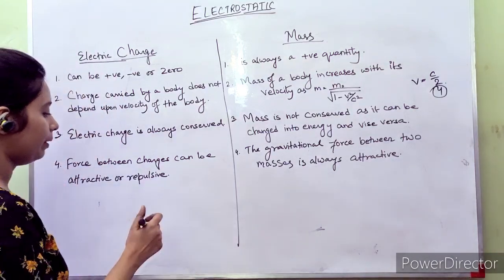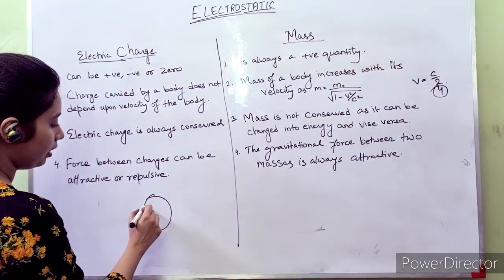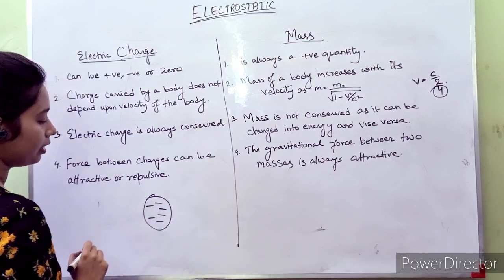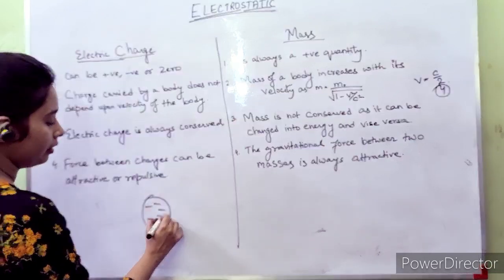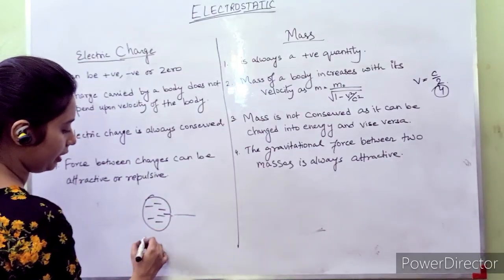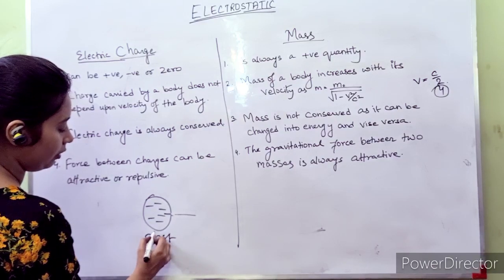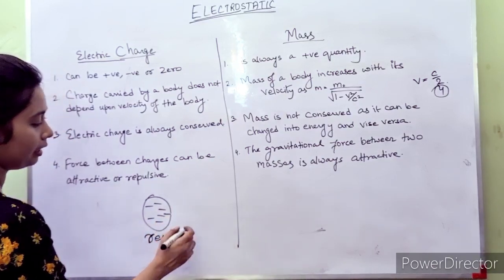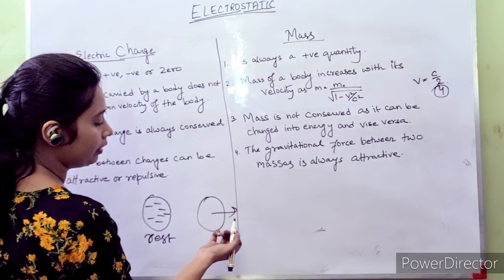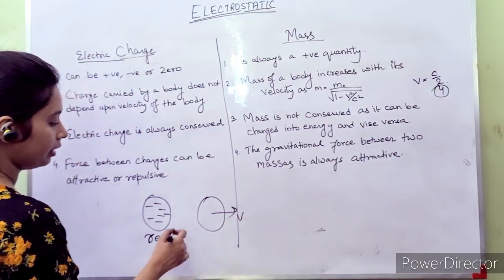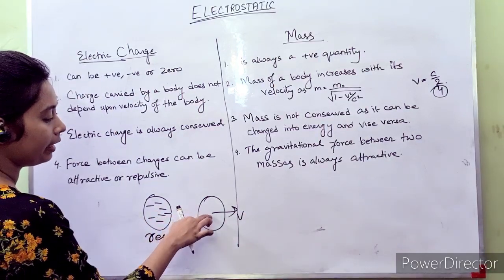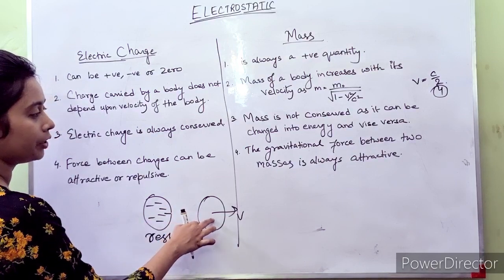Like if a particle has this number of charges and is at rest, and now the same particle is moving with any velocity, the charge will remain the same. The charge will not change.